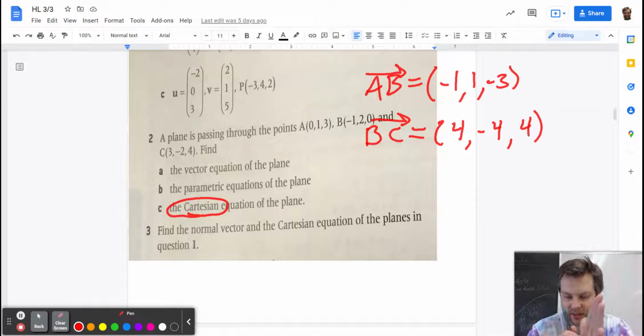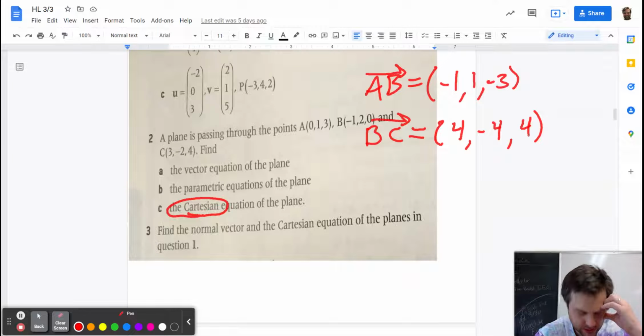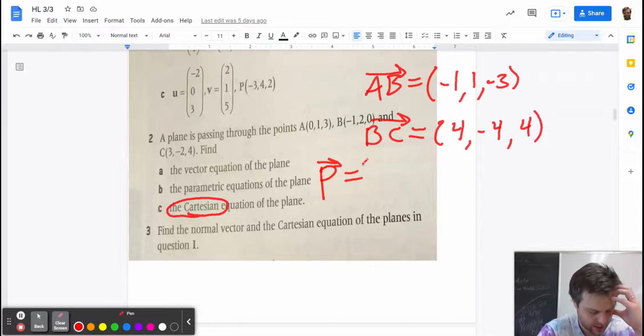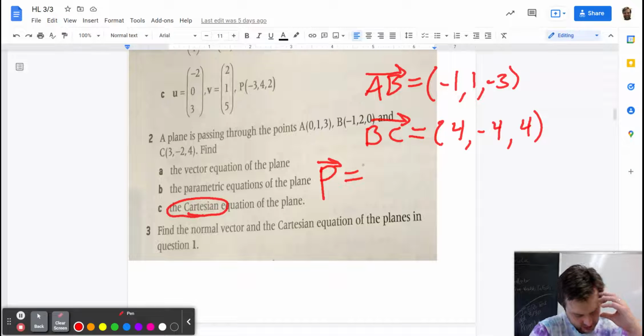They're not necessarily perpendicular, but you can still span the entire vector by adding scalar multiples of each of your two vectors. And that's the whole idea behind the vector equation of a plane, is the idea that every vector in the plane can be written as any point that's in the plane.